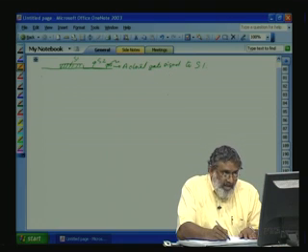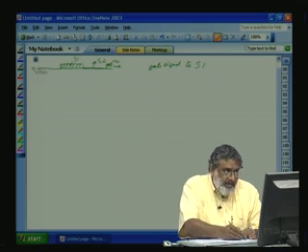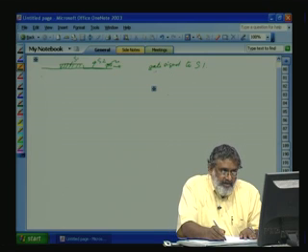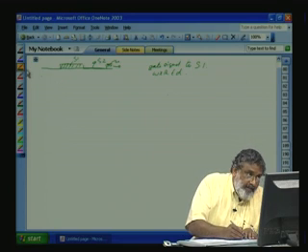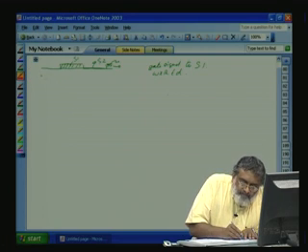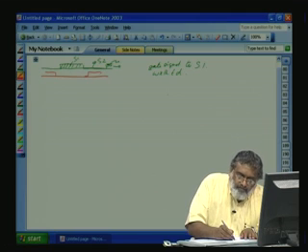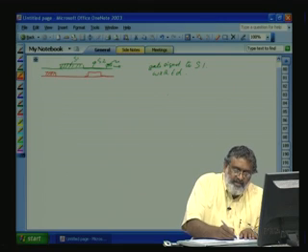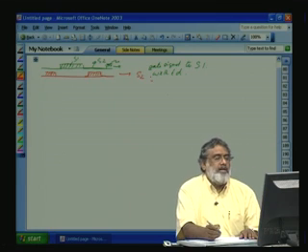Sorry, this is the gate signal to S1 with TD. Now, let us draw the gate signal to S2 with the TD. So, this is the gate signal with the TD to S2.